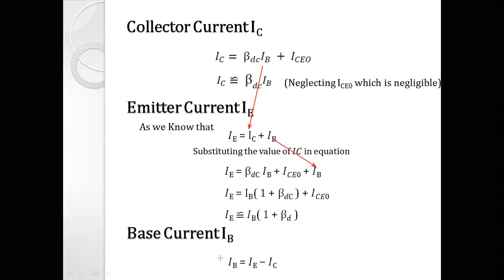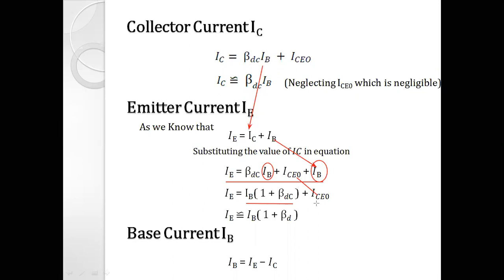So we get IE is equal to beta DC IB plus ICEO plus IB. On the right hand side, we have two terms which have IB, the first term and the second term. So we can take IB as common from these two terms. So we get IB into 1 plus beta DC, and ICEO as it is.